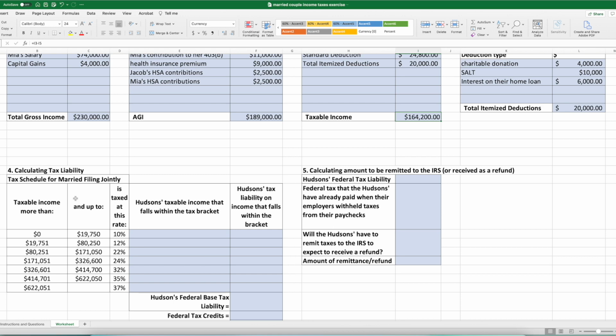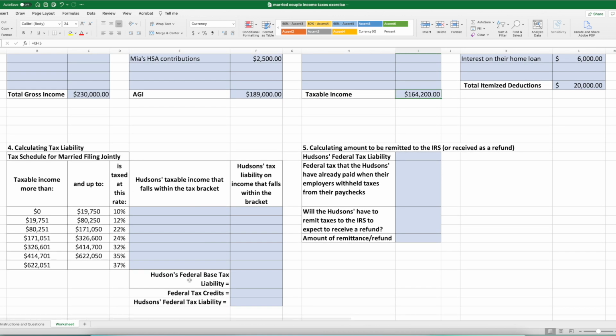First, we have to use the tax schedule for calculating their base tax liability. We talked in class about the tax schedule and how to read it and how to use it. Basically, the tax schedule divides your taxable income into various portions and then taxes the different portions at different rates.